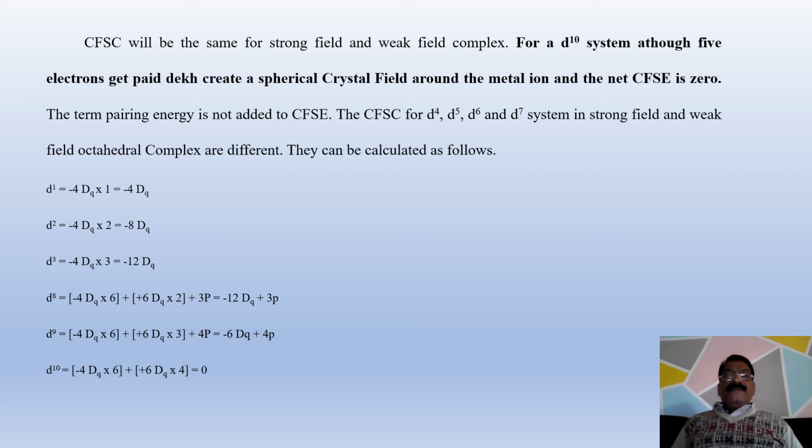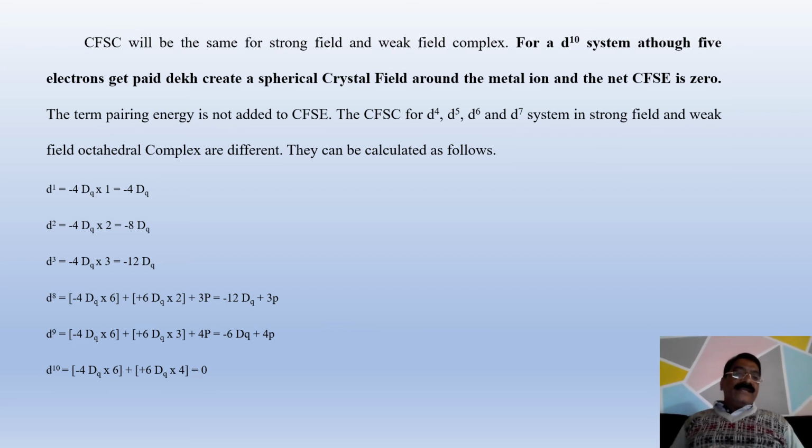The CFSE for d4, d5, d6 and d7 systems in strong field and weak field octahedral complexes are different. They can be calculated as follows. For d1, d2, d3, d8, d9 and d10, the electronic configuration is the same for strong field as well as weak field, and that's why their CFSE is the same for these systems.